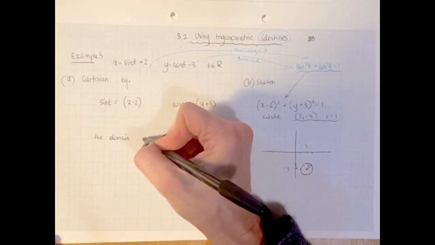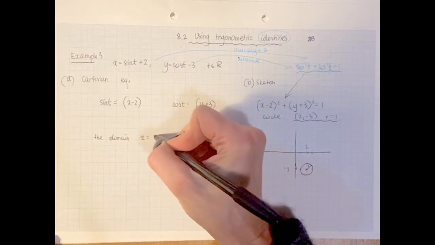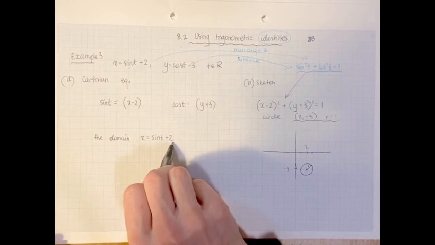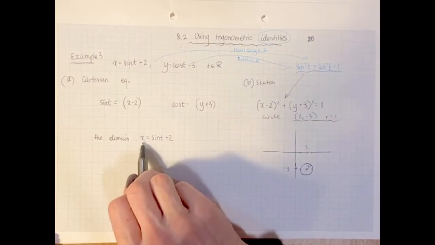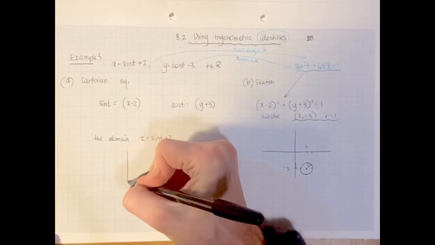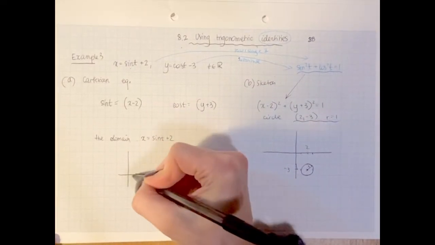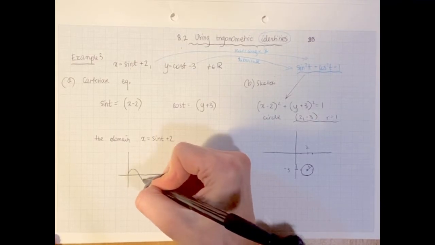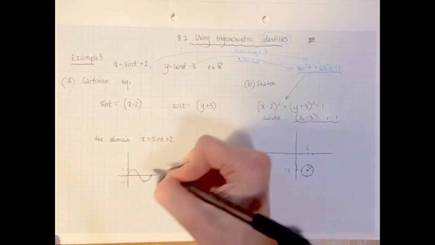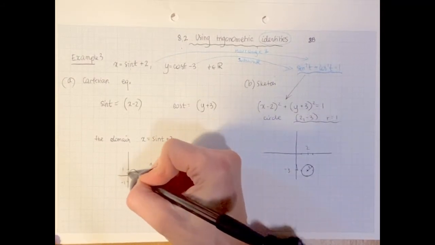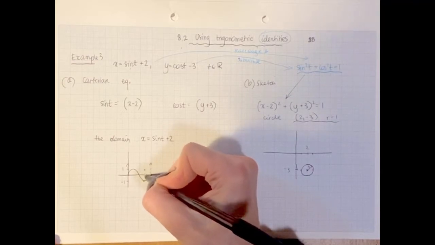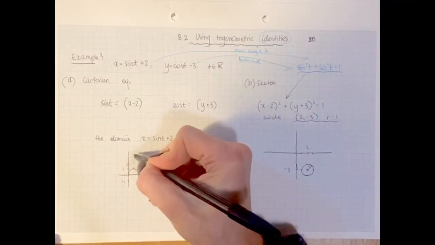If you look at the actual parametric equation describing x, what x is represented by is the sine graph plus 2. So if you think about the sine graph, the usual sine graph looks like this. The lowest value is minus 1, the highest value is 1. If you shift it 2 up, you're going to shift the lowest value up to 1 and the highest value up to 3.